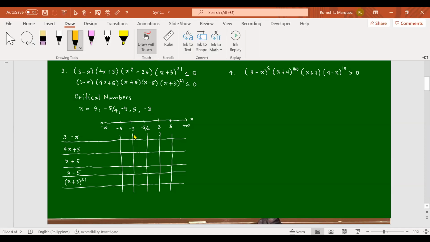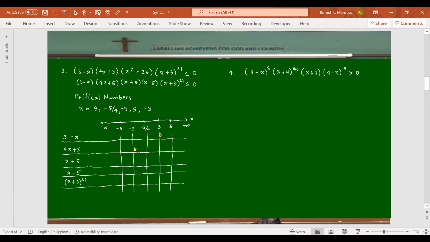So it's 0 when x is 3, when x is negative 5 over 4, when x is negative 5, x is 5, x is negative 3. Am I correct, guys? Yes, sir.